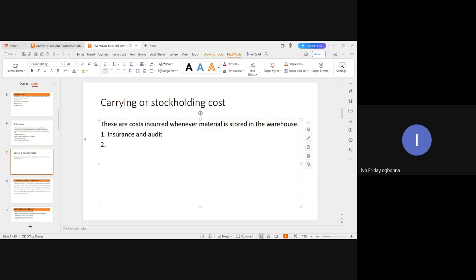And then when it comes to audit, especially some manufacturing firms, most times they may have external auditors who will come and check their process, the process of issuing their stock out, and then to ensure that the stock are being issued out and then being received in the right way it should.